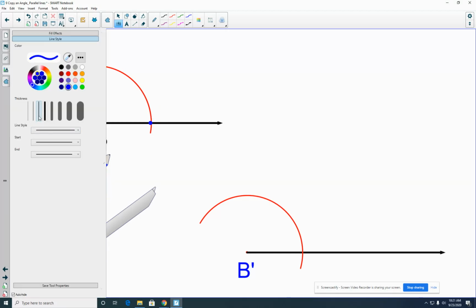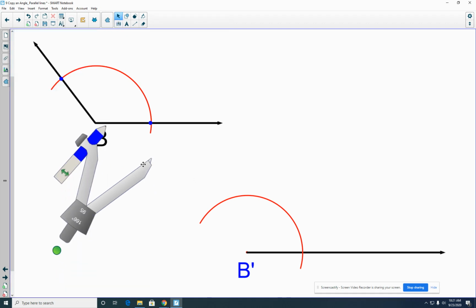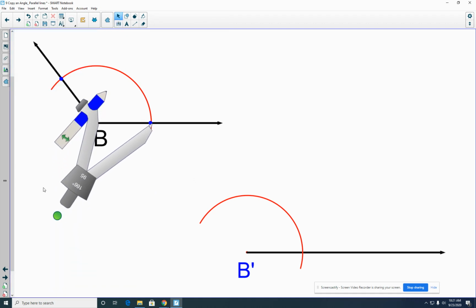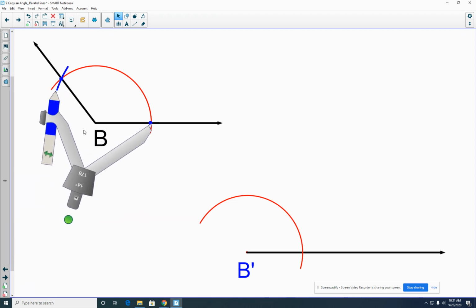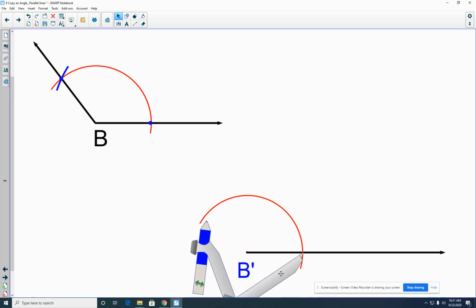All right. Let's take our compass and we are going to measure those points of intersection here to here. Okay, you show that you've measured by swinging a tiny arc. Done. Bring this down now to your other point of intersection down here at B prime and swing a tiny arc.